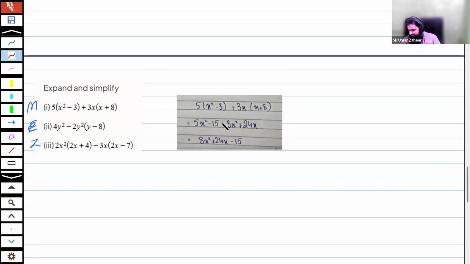Okay, 5x square minus 15, 3x square minus 78x. 5 plus 3 will be 8x square, 24x as it is, minus 15 as it is. All right.